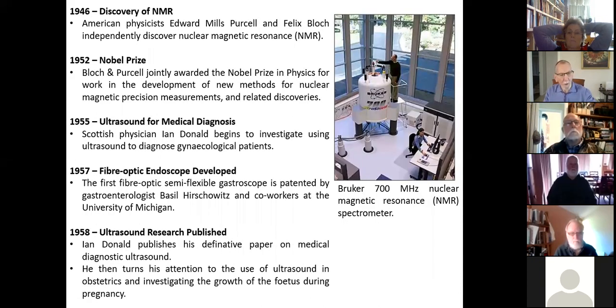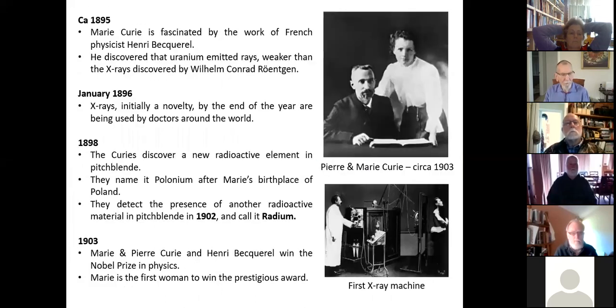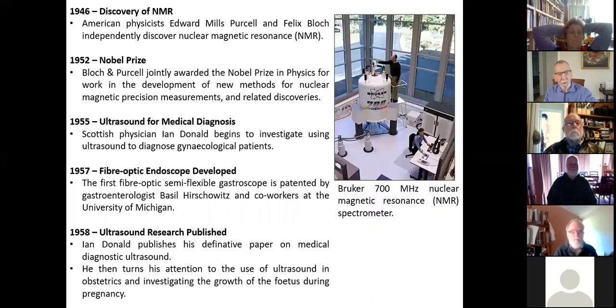Now we take quite a quantum leap. Here we go, as you see, from 1903 to 1946. So in that 40-year period, not a lot happened in real terms, except one could say probably the refinement of X-rays. However, we had two American physicists discovering, independently as it turns out, nuclear magnetic resonance.